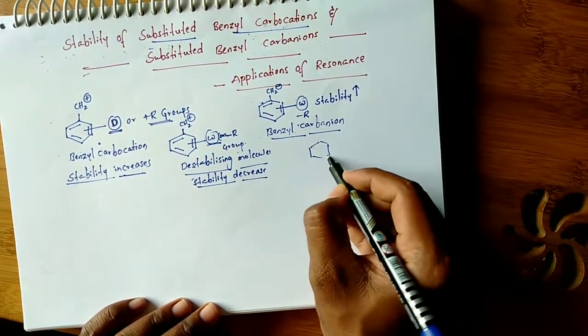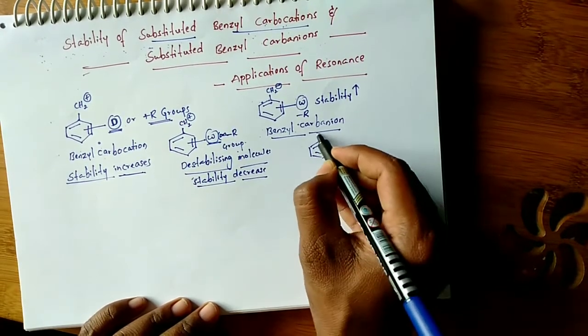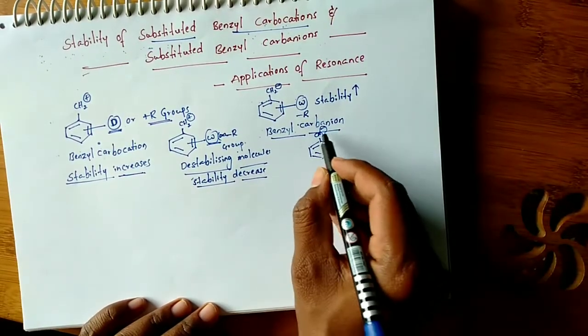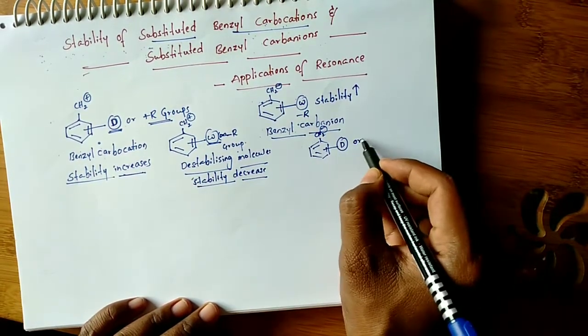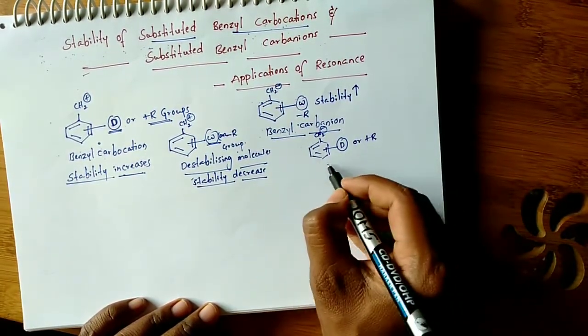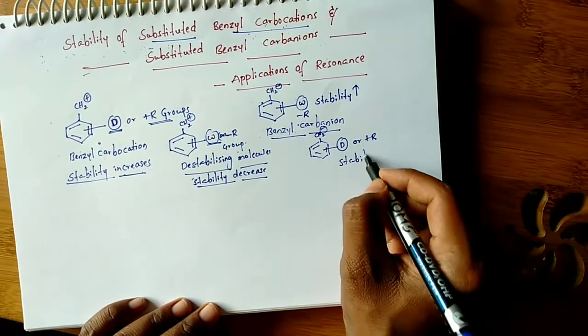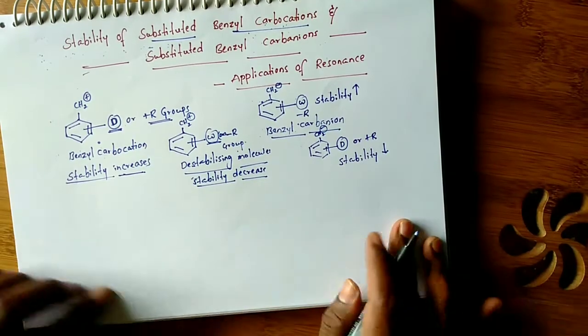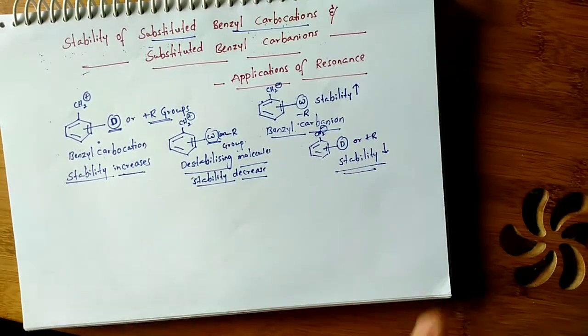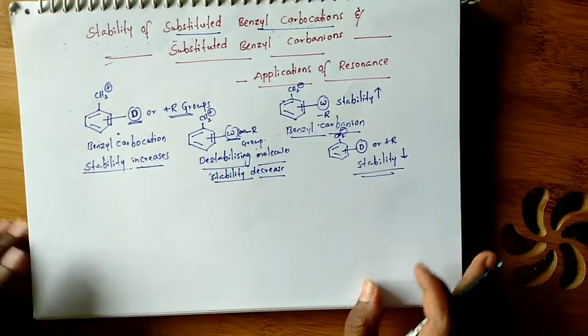If an electron donating group is present, there are already excess electrons showing this negative charge, so in the case of a plus R group, stability decreases. Hope this concept is clear to you.